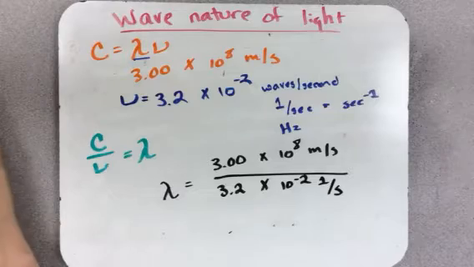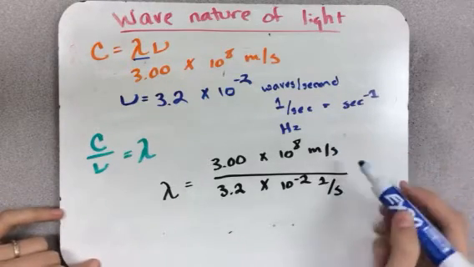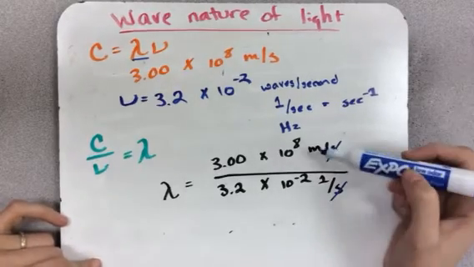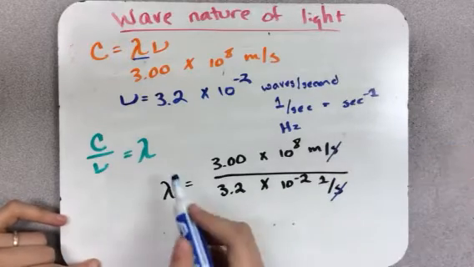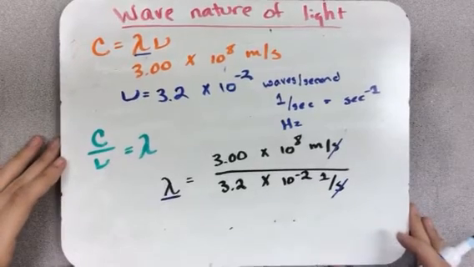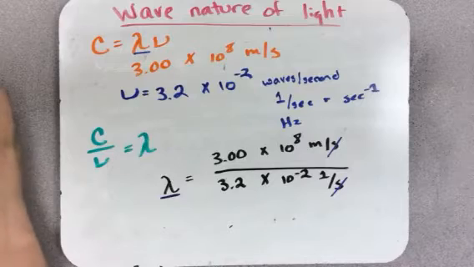Now the reason I did this is because now that I have seconds here and seconds here, they'll cancel out. Which makes sense because now my unit is meters over 1, same thing as meters, and this is wavelength. So we're looking for a unit of distance or length, and meters meets that requirement.